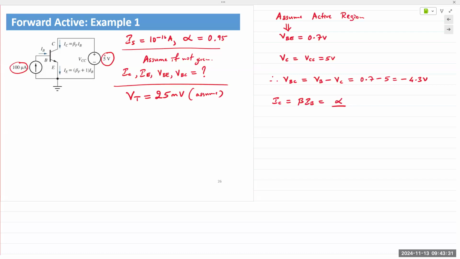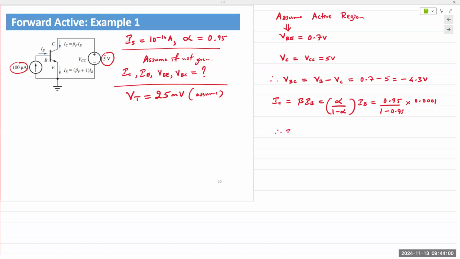So this would be alpha over 1 minus alpha times IB. Alpha is given as 0.95. So 0.95 divided by 1 minus 0.95, and IB is, of course, 100 microamps, so 0.0001.